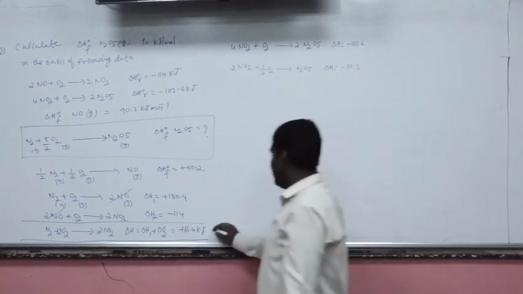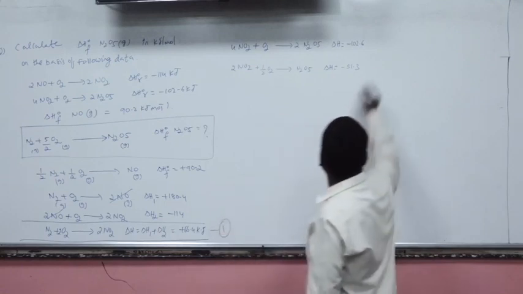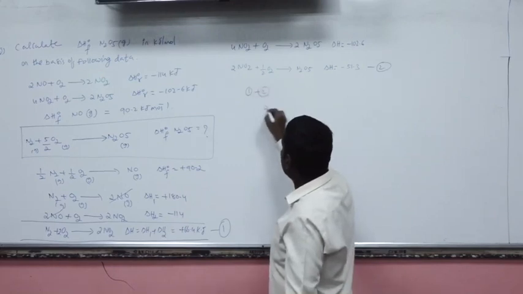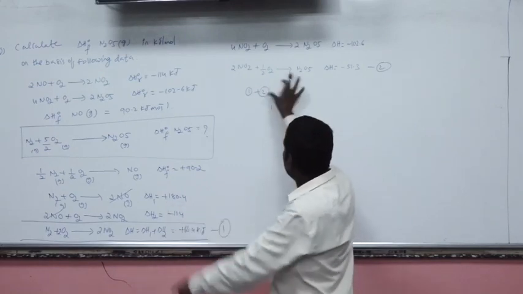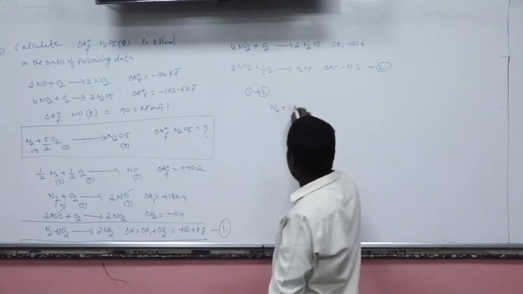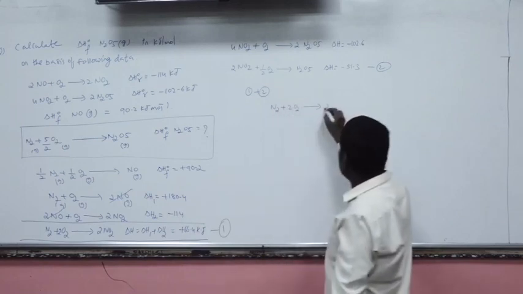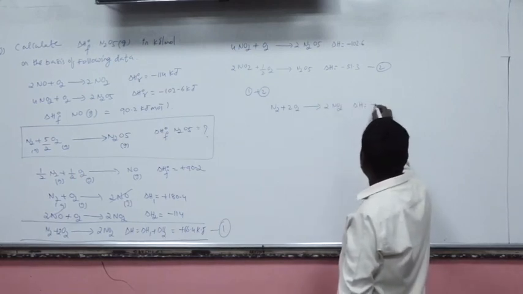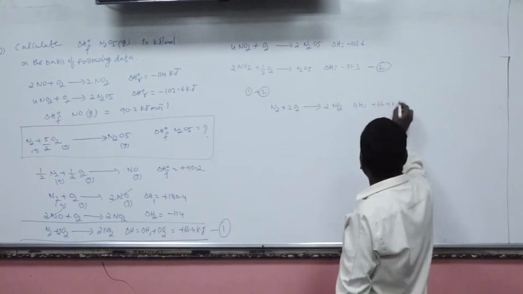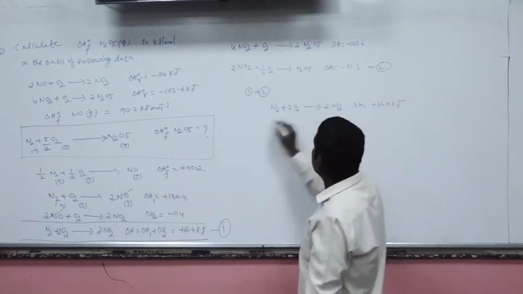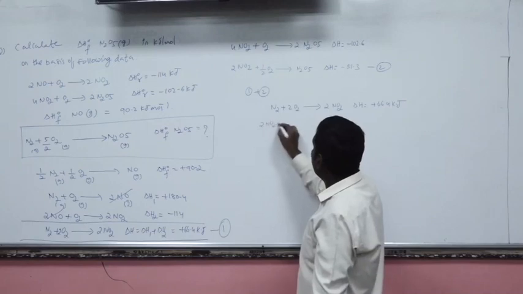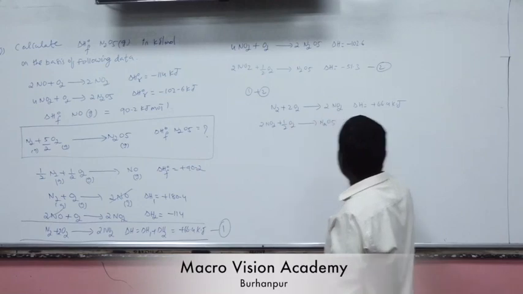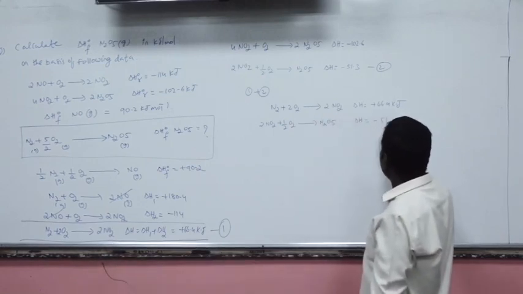Now let us say this is equation 1. Now this is equation 2. Add 1 and 2. What happens? What is equation 1? N2 plus 2O2 gives 2NO2, delta H 66.4 kilojoule. Equation 2, 2NO2 plus half O2 gives N2O5, this delta H value minus 51.3.